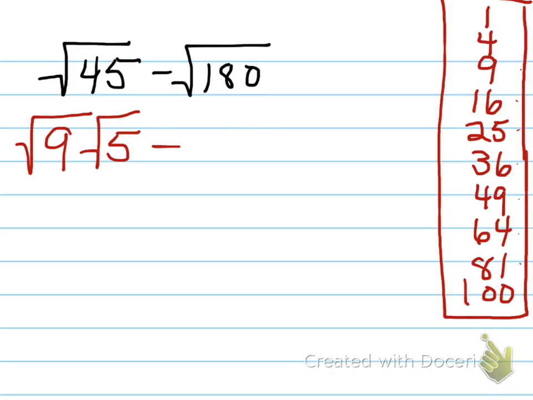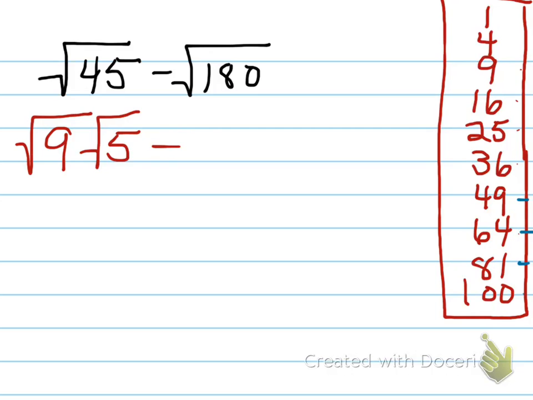And then let's look at the square root of 180. Again, I'm going to start at the bottom and look at what numbers will go into 180. I didn't go all the way down, but we could go farther, all the way to 15. That's probably far enough. I'm looking at 100, doesn't go into it. 81 doesn't go. 64 does not go into 180 evenly.